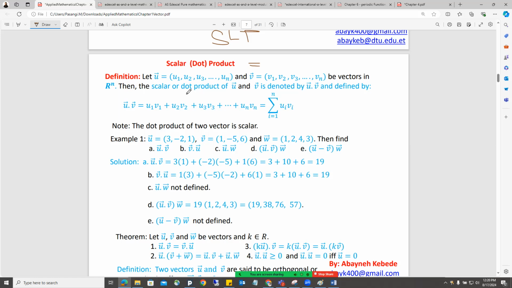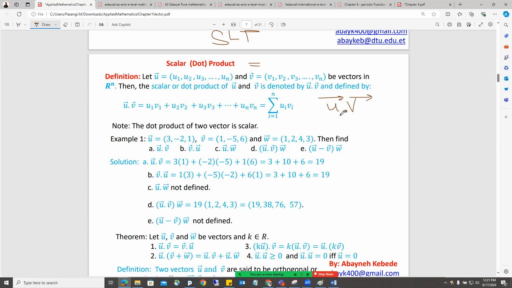Then the scalar product, another name for which is the dot product of u and v, we normally denote as u dot v.